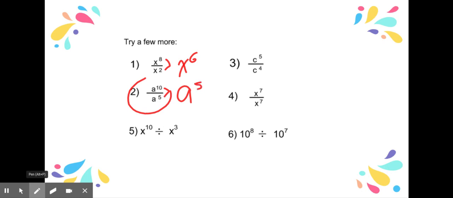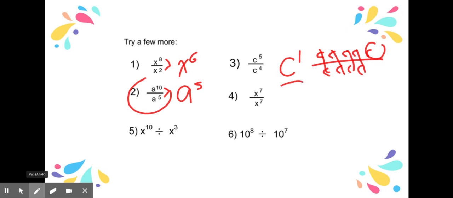And on number 3, we have c to the 5th divided by c to the 4th. We're going to keep our base and subtract our exponents and get c to the first. Just remember, I'm going to remind you, we have 5 c's on top over 4 c's on bottom. Cancel them all out, and you're left with 1 c, which is c to the first. So that's where this law all works out.